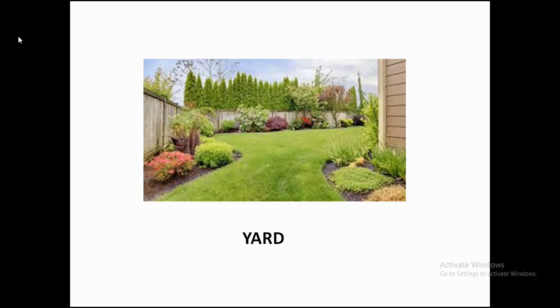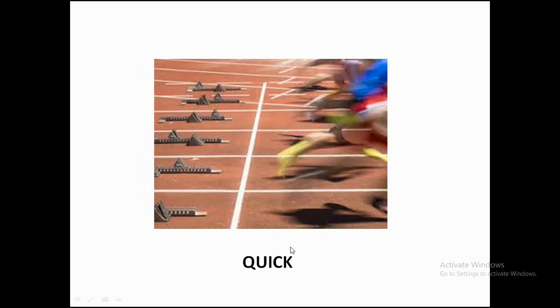And most of the times is surrounded by a fence, okay? We can have a backyard and a front yard, okay? The backyard is at the back of our house and the front yard is in the front part of our house and is next to the street. So, yard, that is the word.